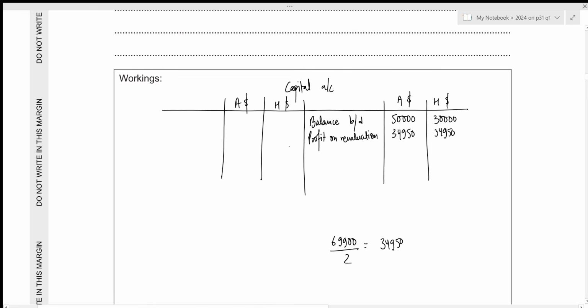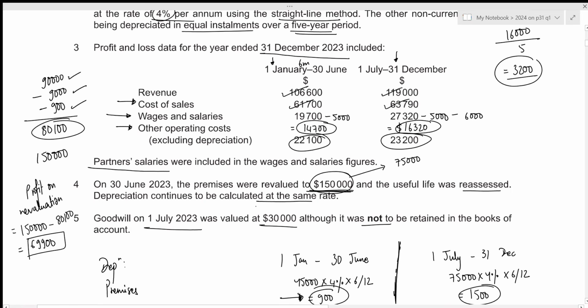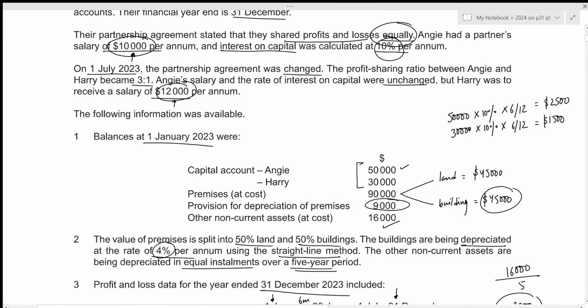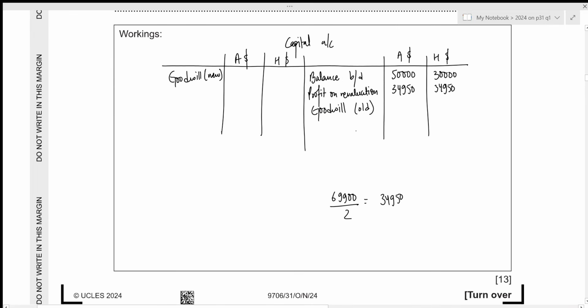Alright, now we also need to make adjustments for goodwill. Remember that goodwill will be there on both sides. The goodwill on the credit side will be based on the old ratio. The goodwill on the debit side will be based on the new ratio. Okay, and we have been given the value for goodwill as well. That was 30,000. Okay, the old profit sharing ratio was 1:1, which is equally. The new profit sharing ratio is 3:1. Alright. Okay, so goodwill based on the old ratio, we have a total of 30,000.